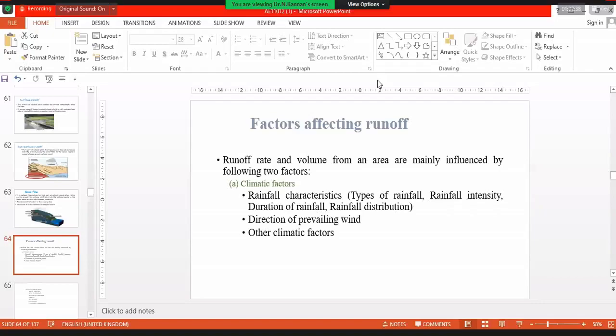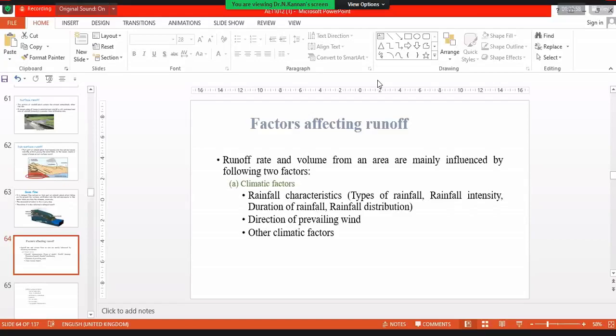You should have studied missing data analysis before, yes or no? Manasi? Yes, sir, in the practical session. Have you studied the Thiessen polygon method and the arithmetic mean method? Yes, sir.